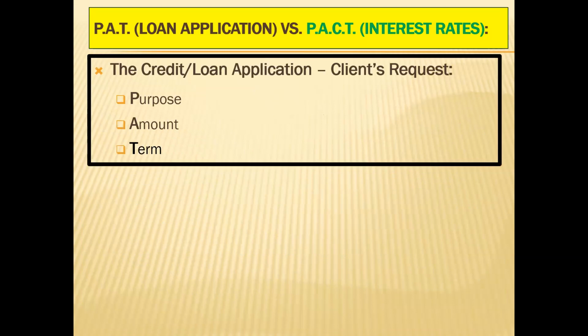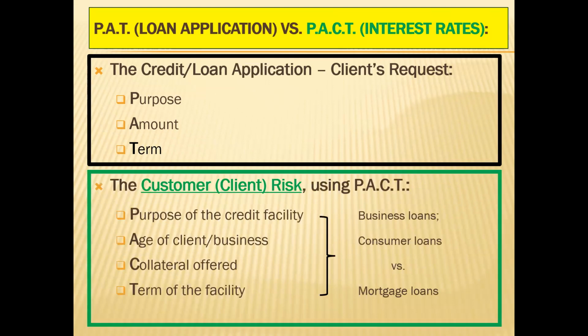So you're looking at purpose, amount, and term, whereas PACT is how you assess or determine interest rates: purpose of the credit facility, age of the client or business, collateral offered, and the term of the facility. So don't confuse those two acronyms.